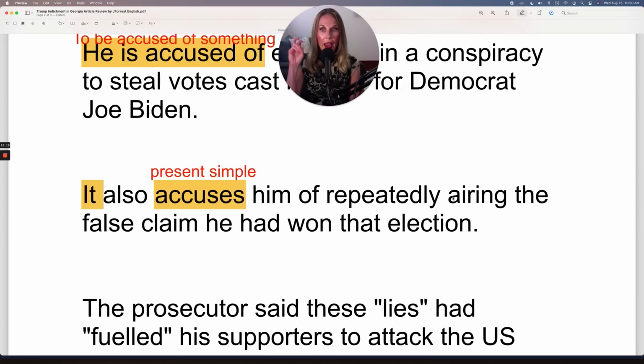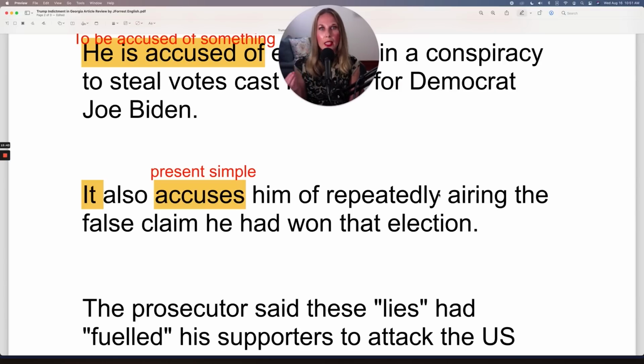So if you air something, it means that you make it publicly available. So when someone airs a movie, it means that you can watch the movie because it's publicly available. And repeatedly, well, that means you do it again and again and again. How many times?